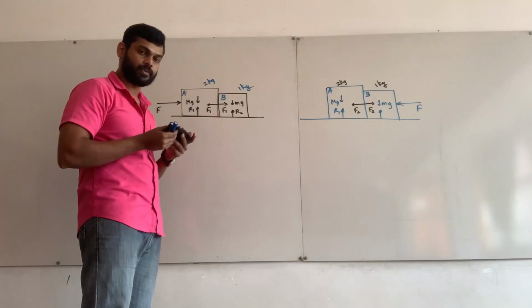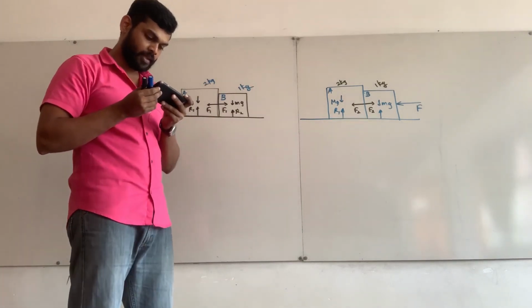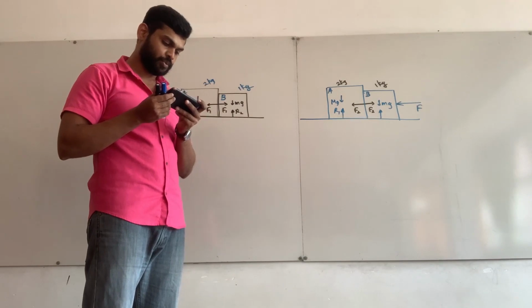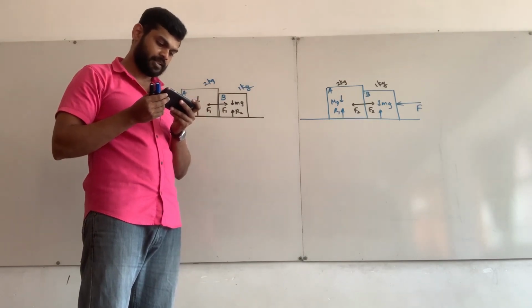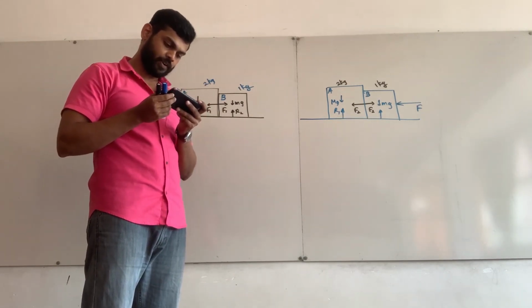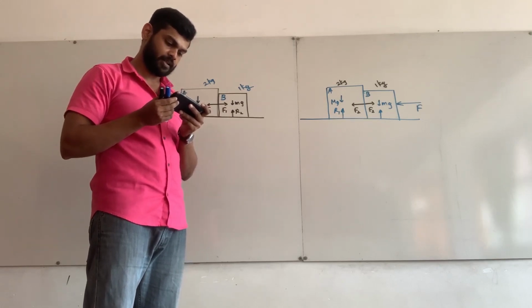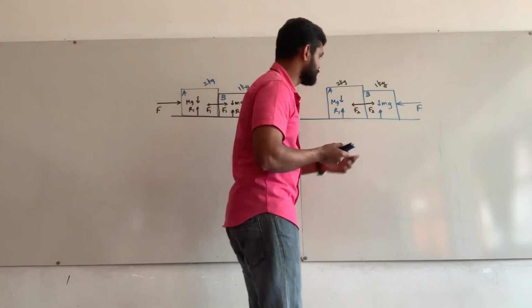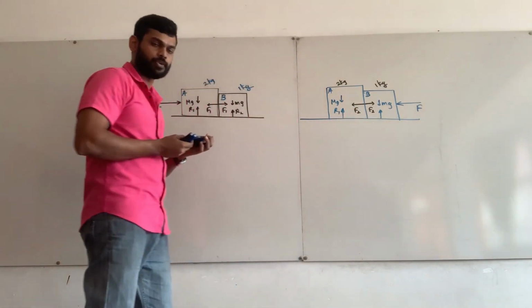Here F1 is 1 Newton. If the same force is instead applied to B in the opposite direction, find the force exerted by A on B. So we are to find this F2.